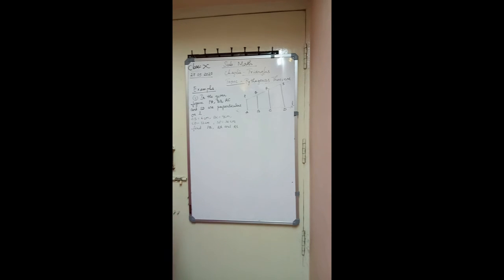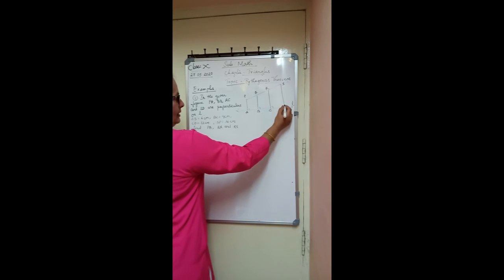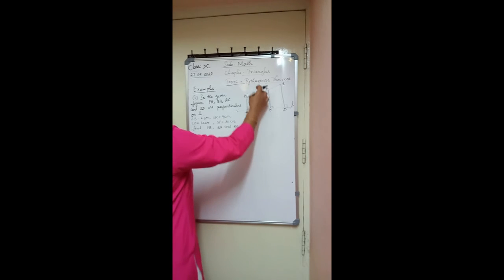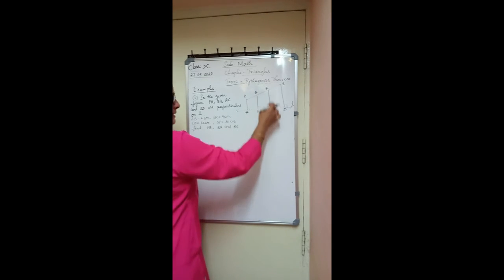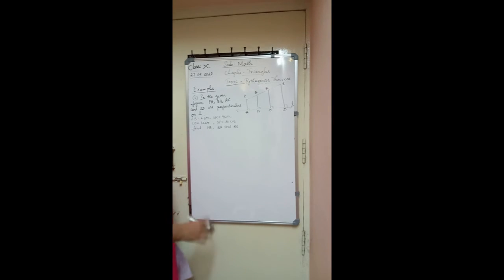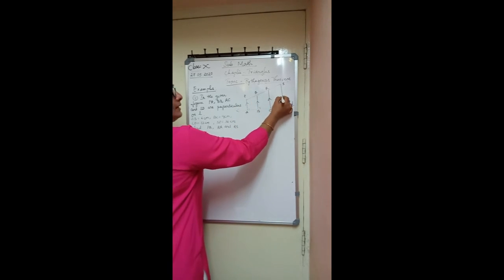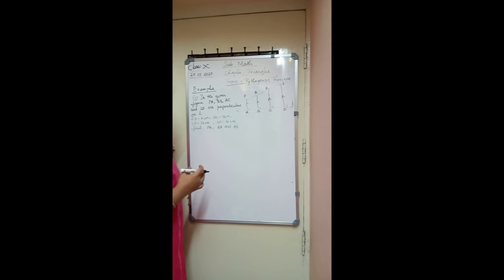Now, you know that these are the perpendiculars. It is given. So PA perpendicular to L, QB perpendicular to L, RC perpendicular to L, SD also perpendicular to L. It means that all these lines are parallel to one another. AP parallel to BQ, parallel to CR, parallel to DS.